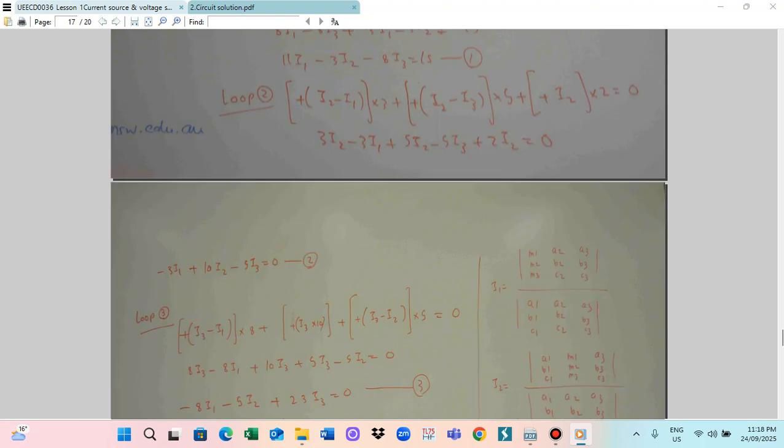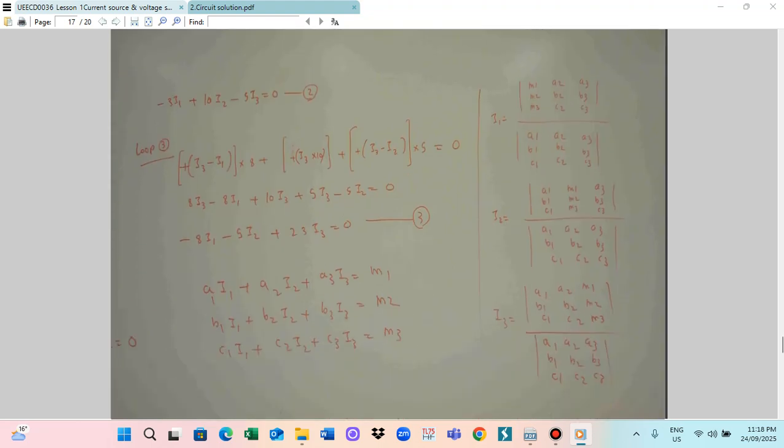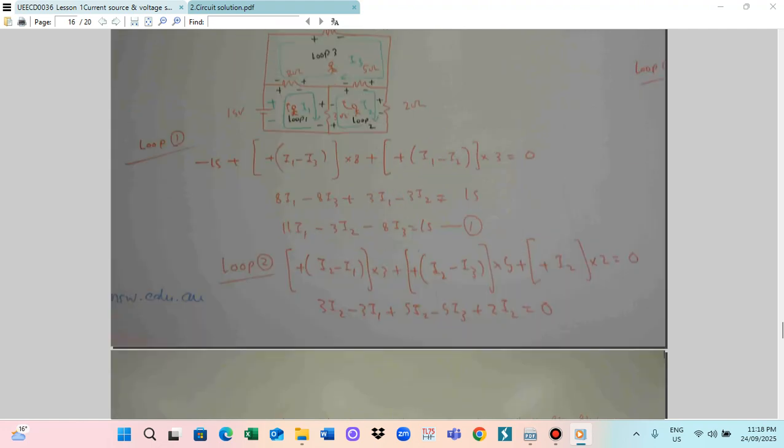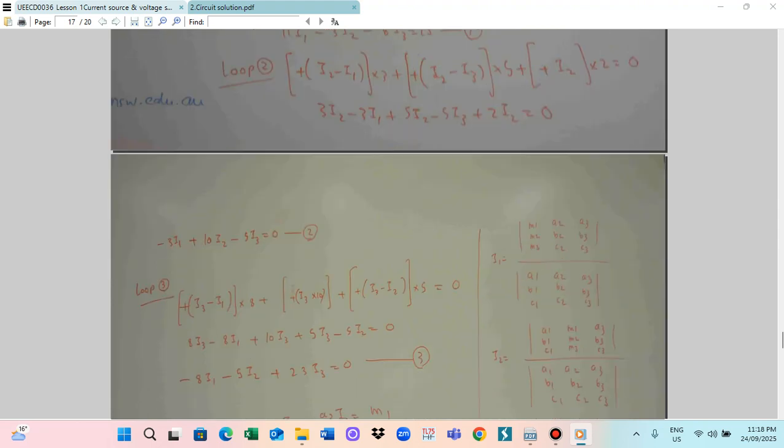This is minus 3I1. Then for I2 we have 3I2, 5I2 and also 2I2. Adding everything gives 10I2.